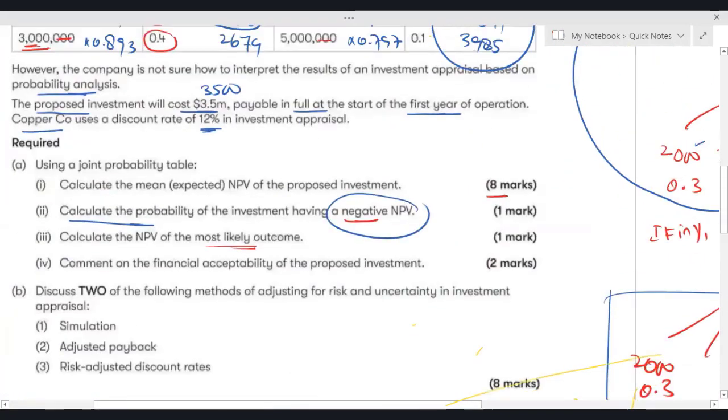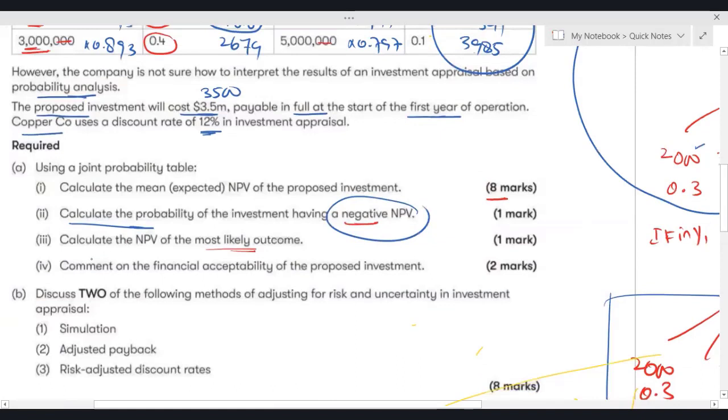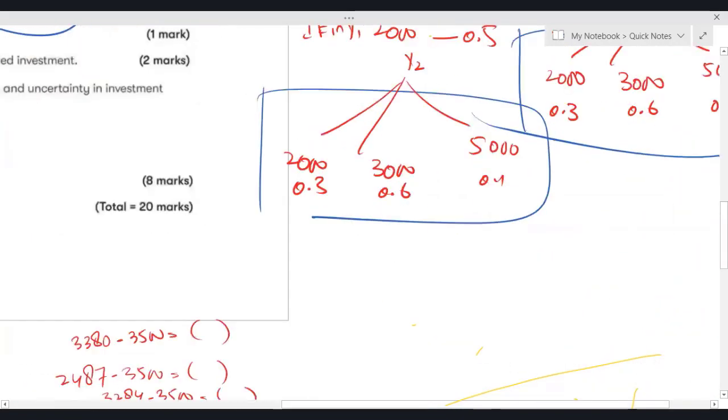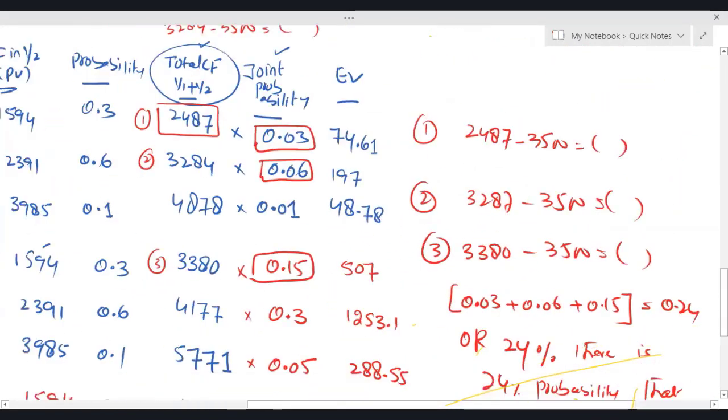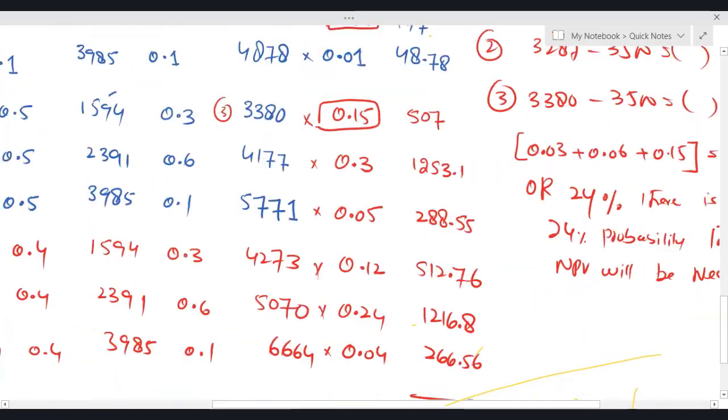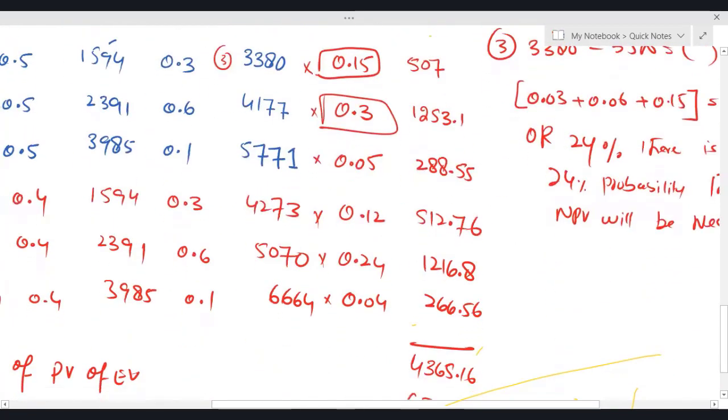What is the other requirement? Calculate the NPV of the most likely outcome. Most likely outcome means look at the joint probability. Which event has the highest joint probability? This is the highest joint probability, 0.3, which means 30%. You can check any other event; all other events have probabilities lower than this one. Most likely outcome means the outcome which has the highest probability.